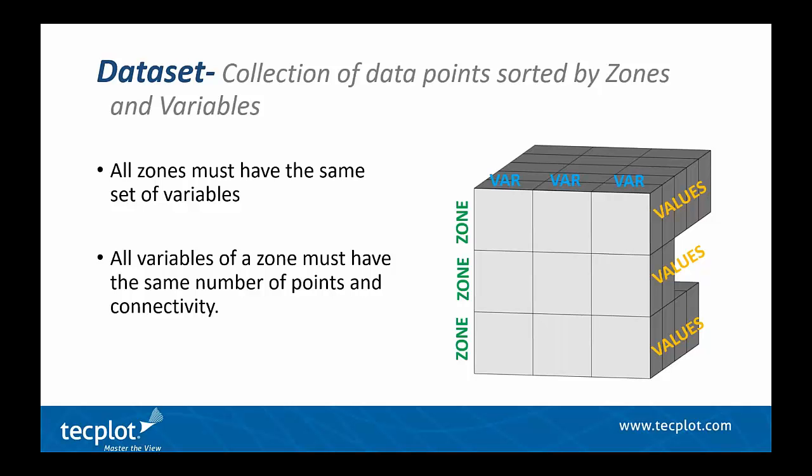After zones come data sets, which are just a collection of zones and variables and then the points at each of the values. You can think of a data set as a 3D ragged matrix, where zones are 1 dimension, variables are another, and then the values that define the zone and the variable are the 3rd dimension.